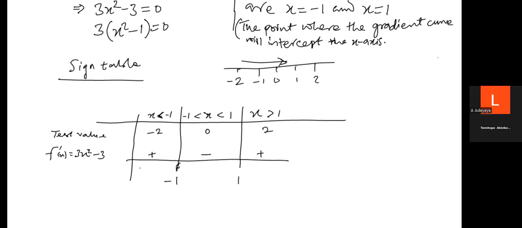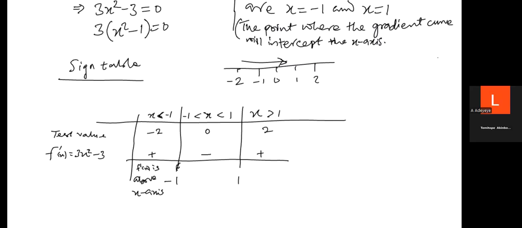Or you want to say f prime is above the x-axis because the derivative is positive. That means it's increasing at that point. f prime of x is above the x-axis.